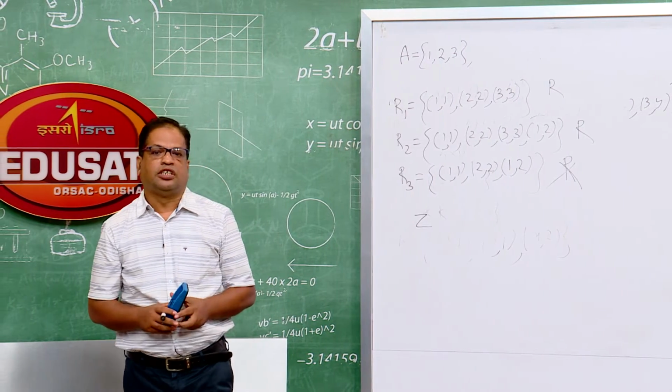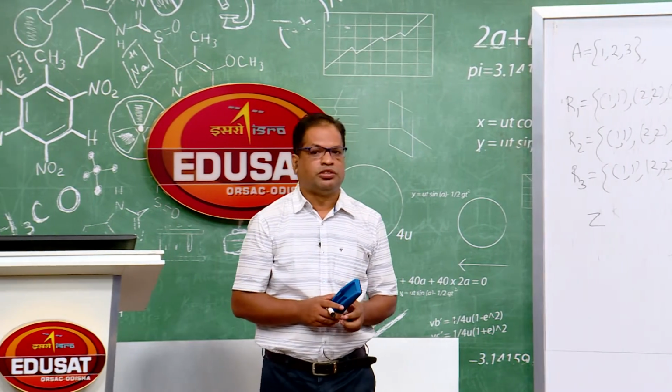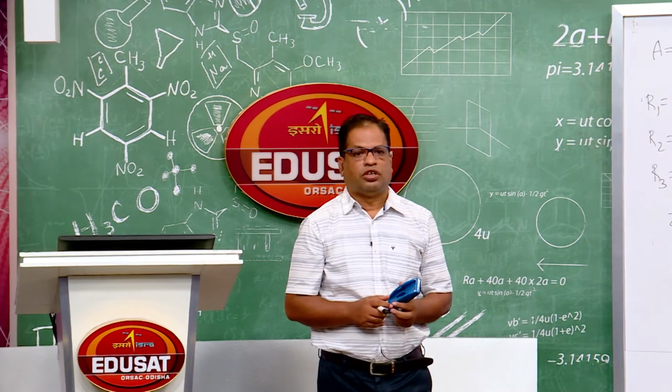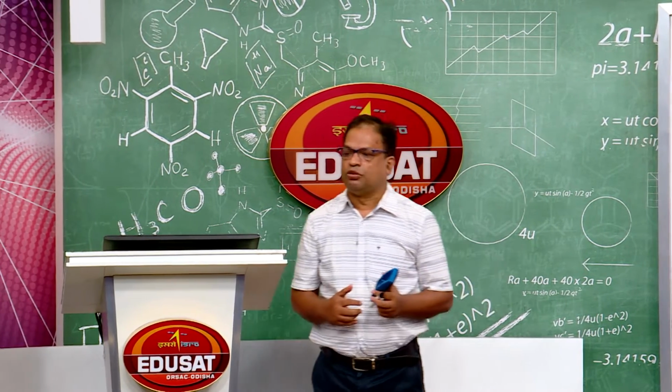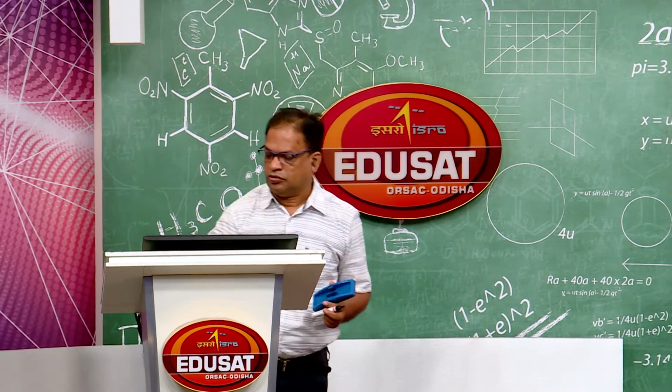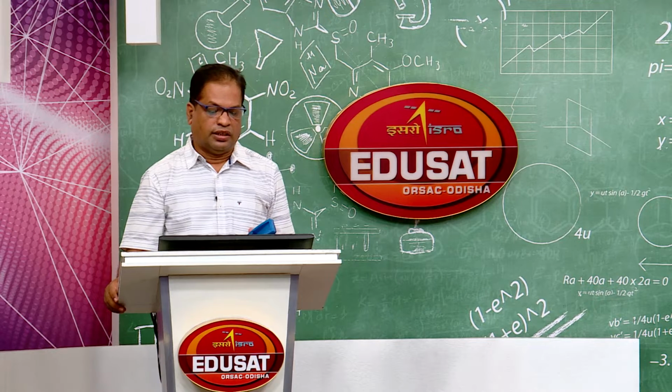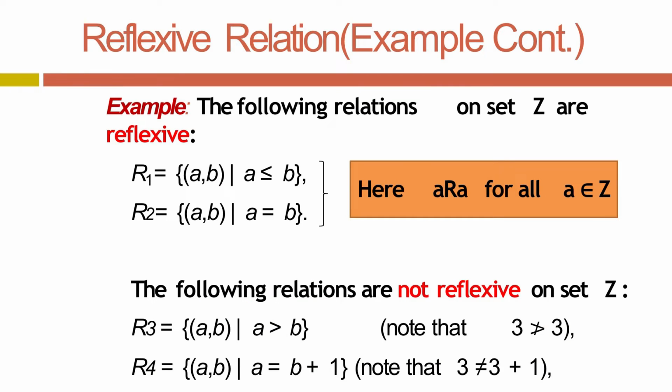So, equal to on the set of integers is a reflexive relation. Similarly, the relation R2, (a,b) such that a is less than or equal to b, is also reflexive because every integer is less than or equal to itself: 1 is less than or equal to 1, 2 is less than or equal to 2, 3 is less than or equal to 3.